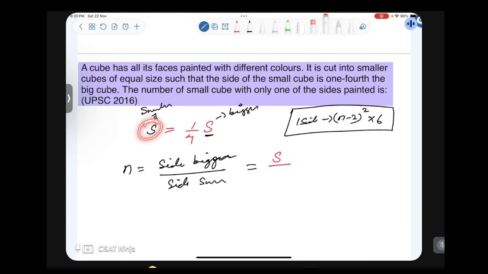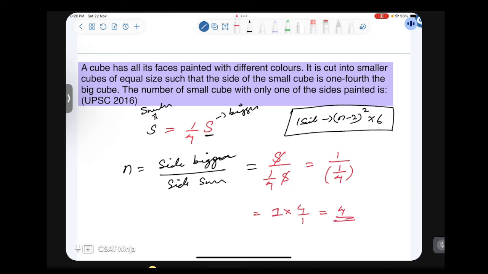But the side of the smaller cube value is how much? 1 by 4 s. But s and s will cancel each other. That means 1 divided by 1 by 4. What will be the value here? You have a fraction in the denominator, which means 1 into 4 by 1, which is equal to 4. So the n value is 4.